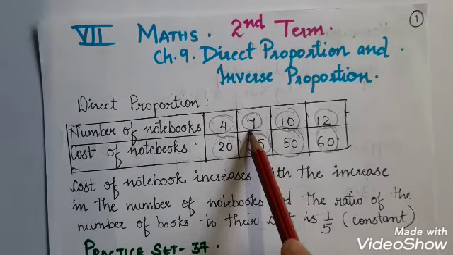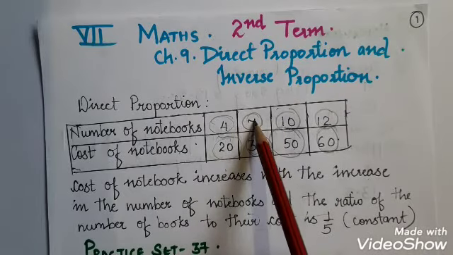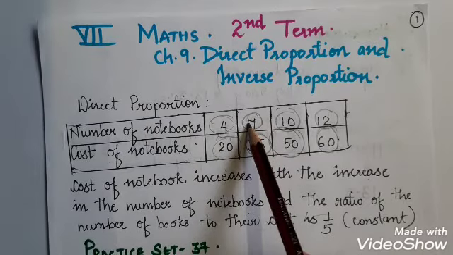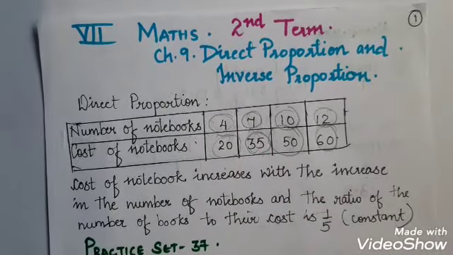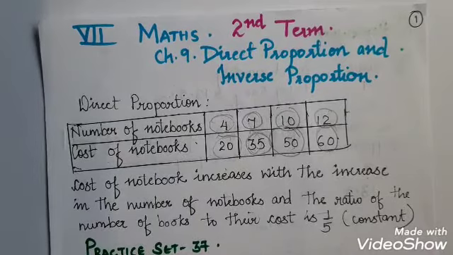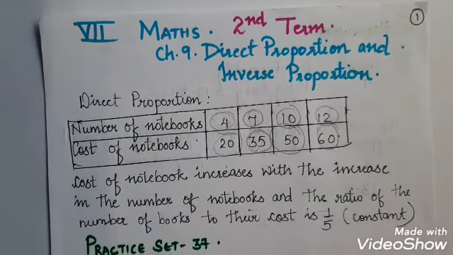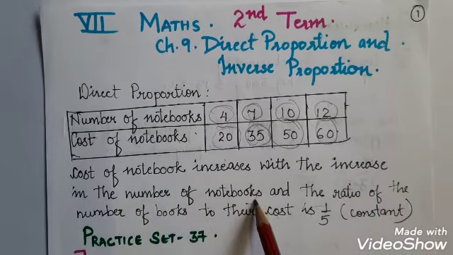So that means when one quantity increases, the corresponding quantity also increases with it. If the number of notebooks decreases, then its cost will also reduce. So that means the cost of notebooks increases with the number of notebooks.